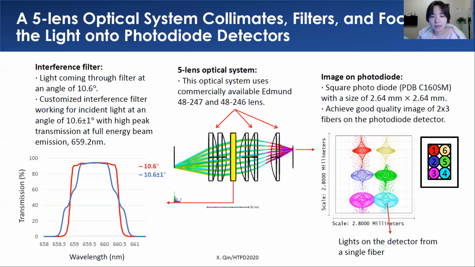The light is transmitted to a 5-lens optical system, where the filter is designed to have high peak transmission at full energy beam emission. After that, the light is focused onto a square photodiode. A projection of light on the detector from a single fiber is presented.